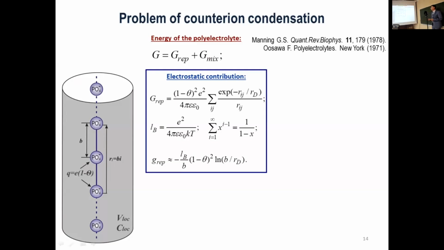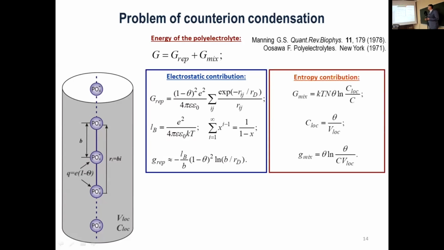One of the simplest models describes DNA, and actually any polyelectrolyte molecule, as a chain of charged particles, and we need to understand how these ions are organized around this system.